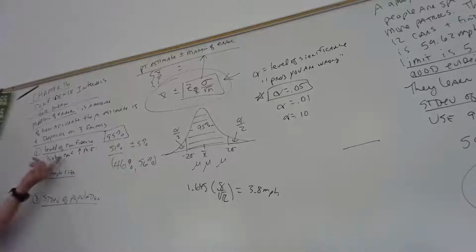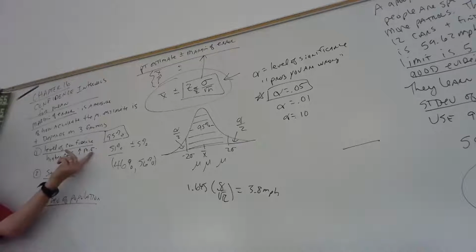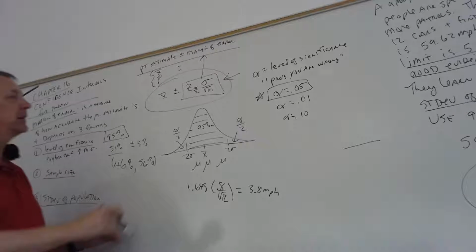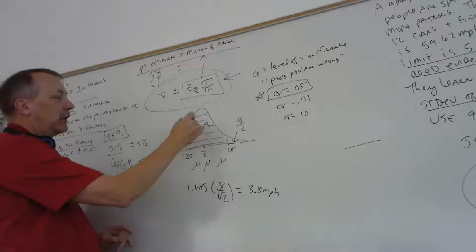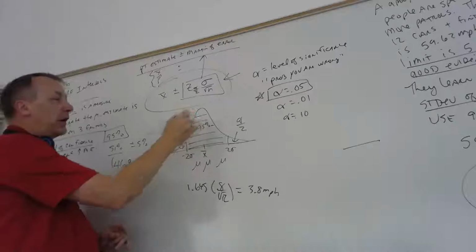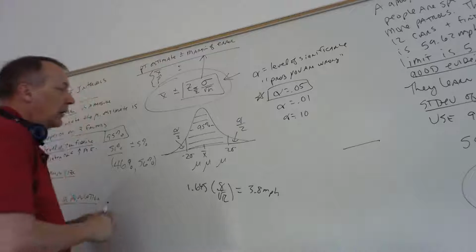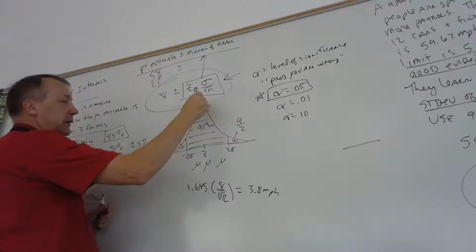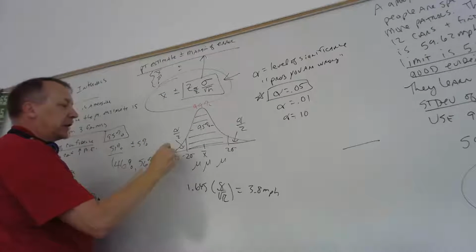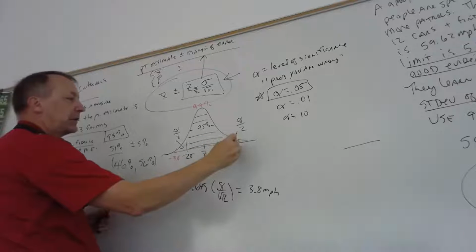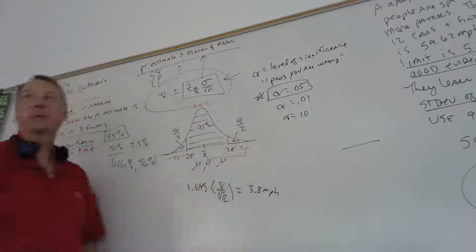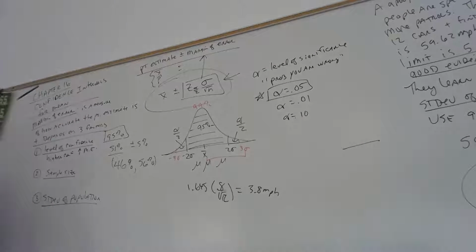Looking here, if I go from 95% to 99%, I'm going to have to go out to negative 3 sigma, positive 3 sigma. I just made that area bigger. Does that make sense? So when I increase your confidence, you're going to increase your margin of error.